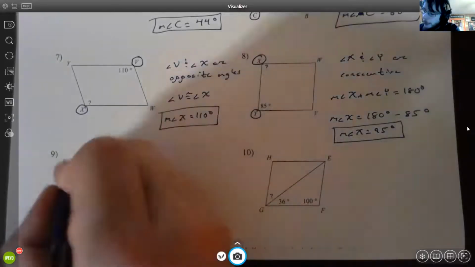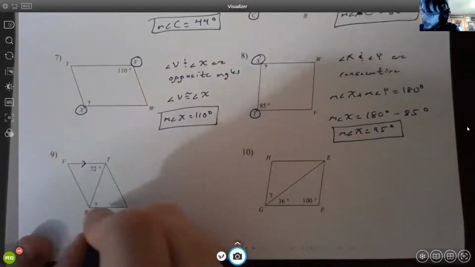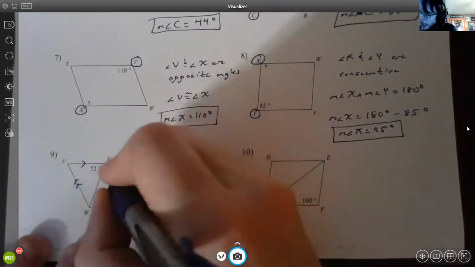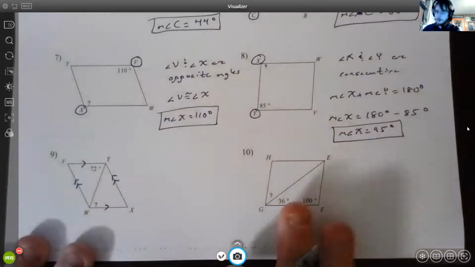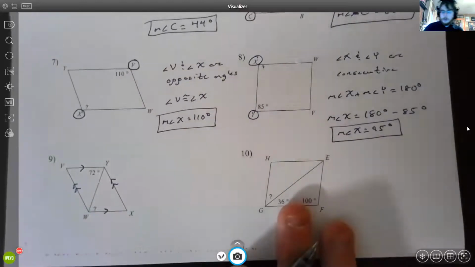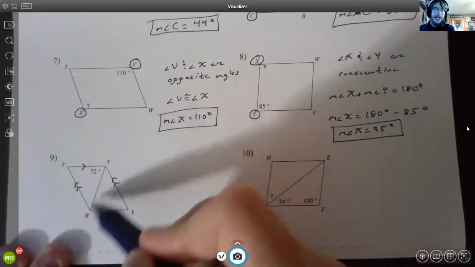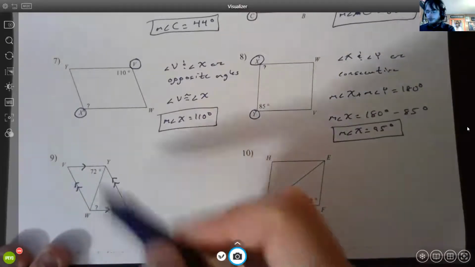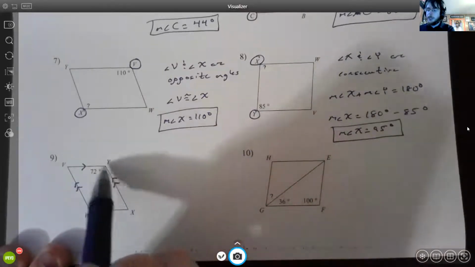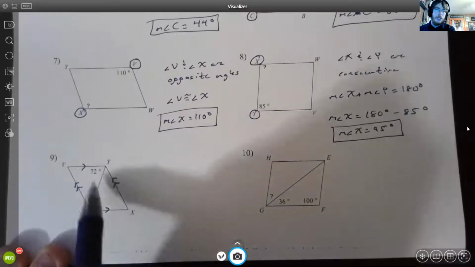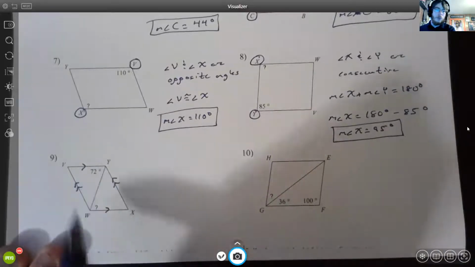So we know that VY and WX are parallel, and VW and YX are parallel. So if you notice here, we have a diagonal that's going through here. And we don't have the whole angle Y, and we don't want to find the whole angle W. We want to find this part of angle W. And we're given this part of angle Y.